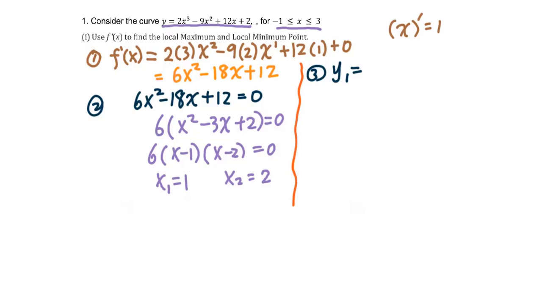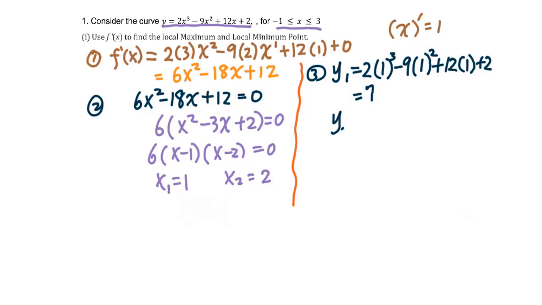Then the third step, we will get the y-values. We substitute 1 for x. So you get 2 times 1 to the third power minus 9 times 1 squared plus 12 times 1 plus 2 equals 7.